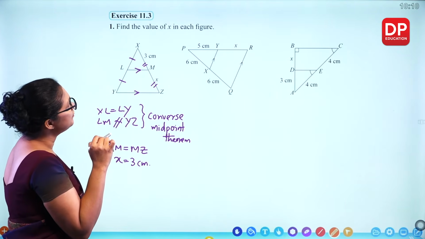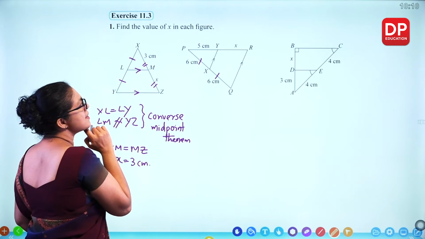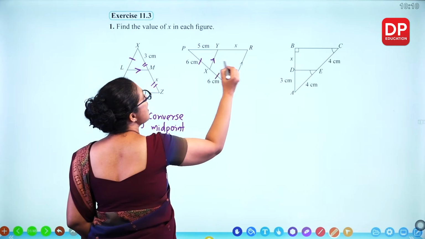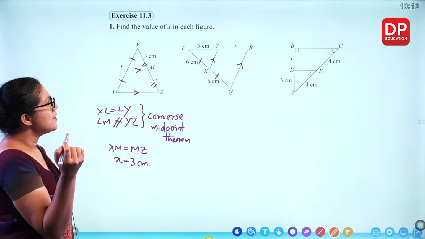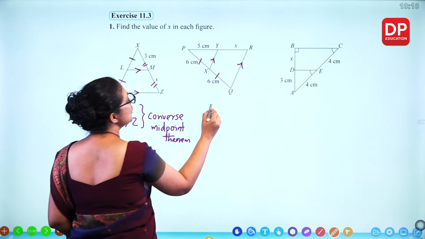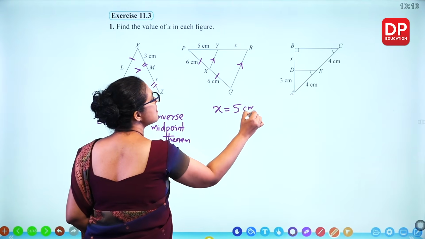Look at the next one. This length is equal to this length, 6 centimeters given, and this line is parallel to this one. So again, converse midpoint theorem. So what is x? Straight away we can write x is 5 centimeters.